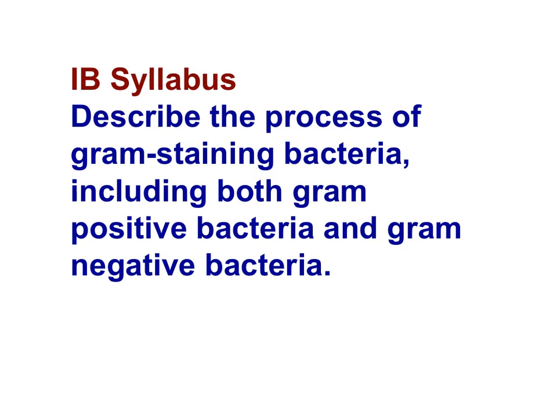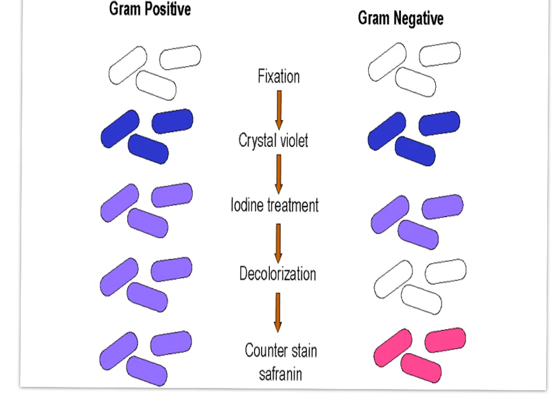Let's take a look at the structural difference between gram-positive and gram-negative bacteria. Gram staining is a method used to differentiate bacterial species into two large groups, gram-positive and gram-negative. Gram staining differentiates bacteria by the chemical and physical properties of their cell walls by detecting peptidoglycan, which is present in high quantities in the cell wall of gram-positive bacteria.